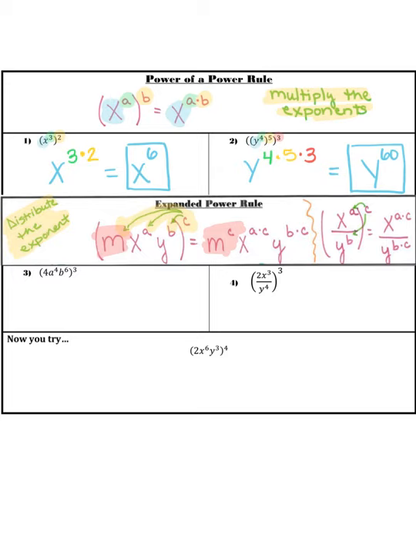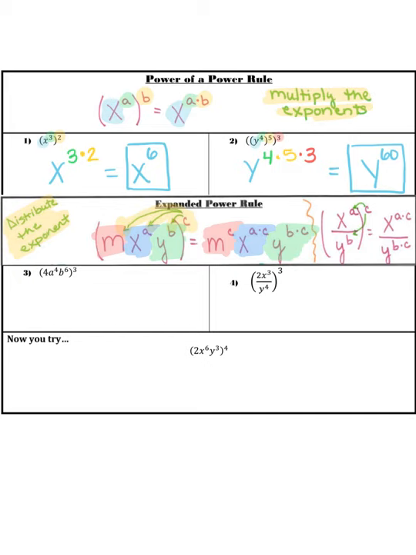And then if we move along, the x, which started with a power of a, notice its power is now a times c. Because that was our power of a power rule, we will multiply our exponents. And last but not least, we had our base of y with the power of b, and then notice when we distribute the power of c, your exponent will be b times c.